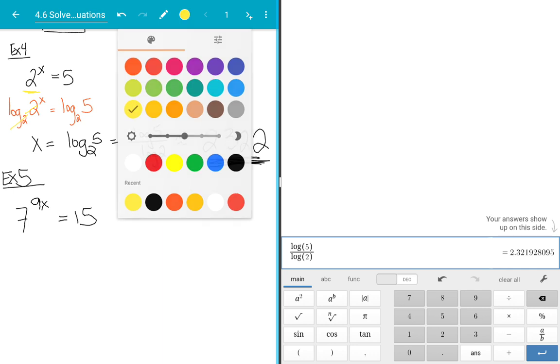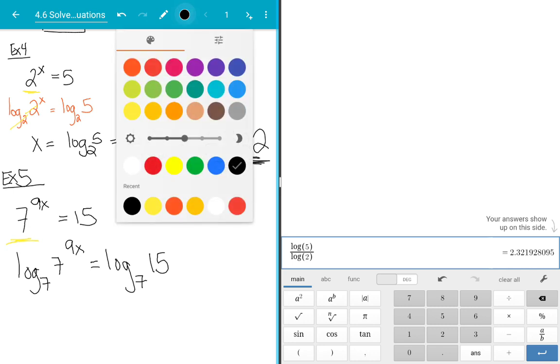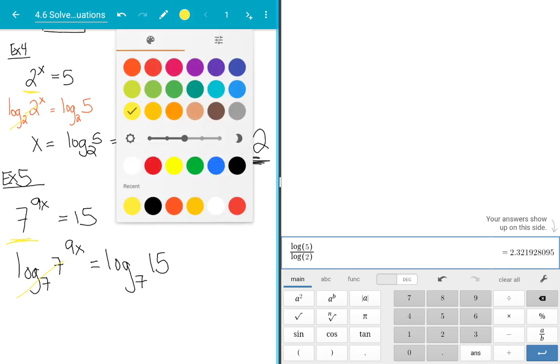We have a base of 7 that we have to consider getting rid of because the x is an exponent. So in understanding the inverse properties of exponentials and logs, I know that the log I need to take here is going to be a log with a base of 7. So take the log base 7 on both sides, and we know that when we take a log of the same base, that's going to simplify for us.